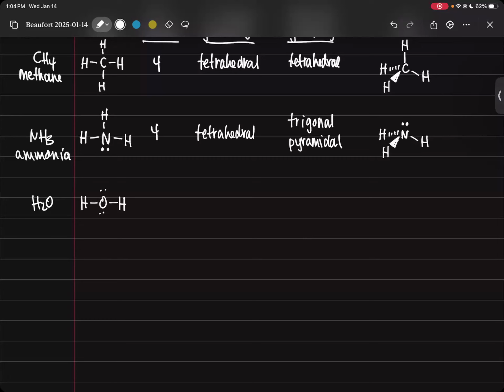I'll do these last two a bit more. Actually, well, not the last one, but this one also has 4 electron domains, 2 hydrogens, and 2 lone pairs. Tetrahedral, and this one, the molecular geometry is bent. Water is the Mickey Mouse molecule.